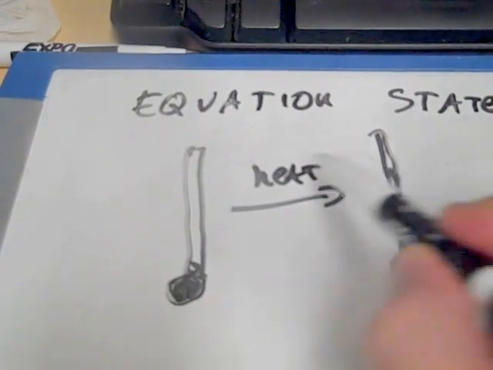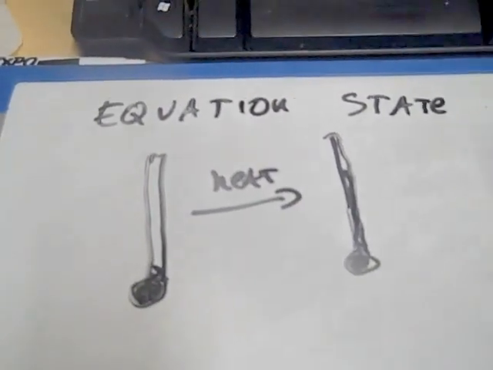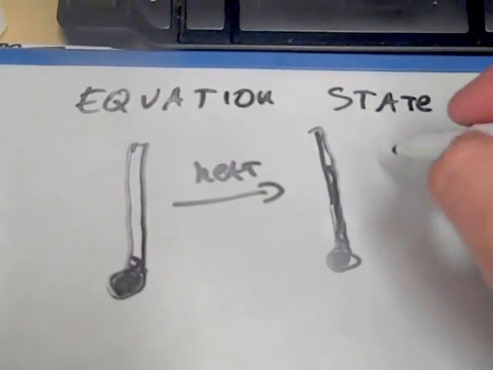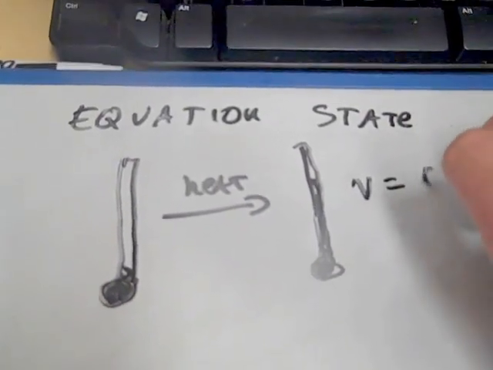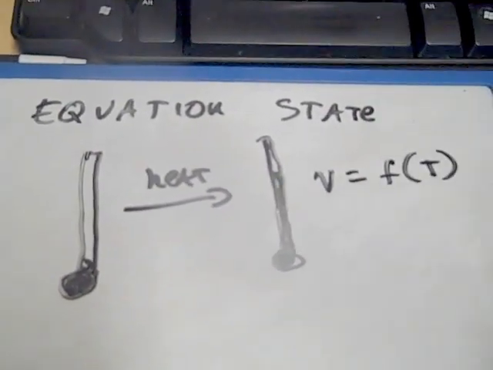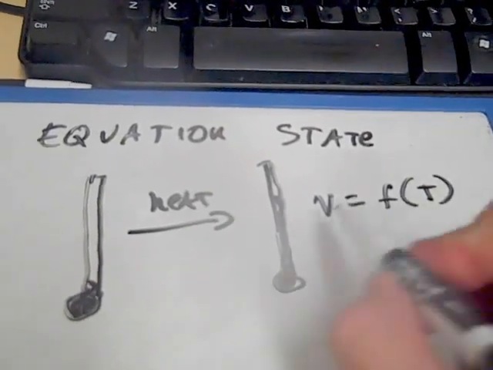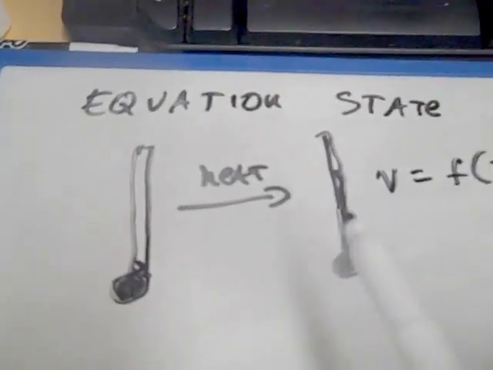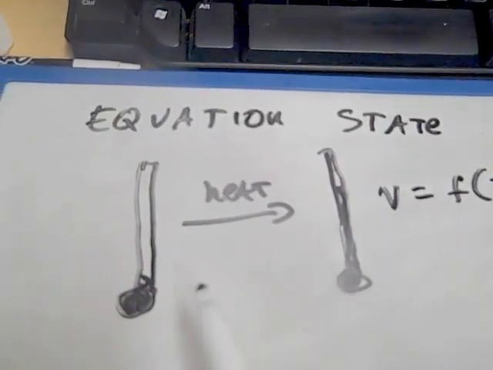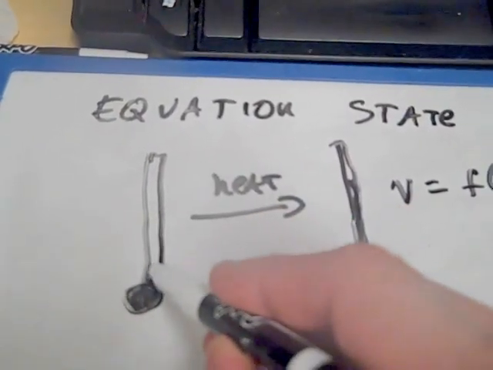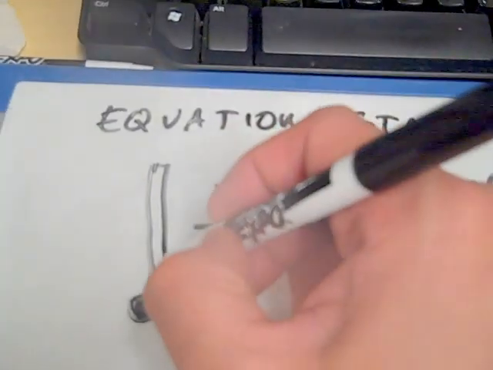So this increases as a function of heat, and this provides a way of relating the volume to the temperature for this equation of state. So really, we're not measuring temperature directly, because that's somewhat difficult to see.